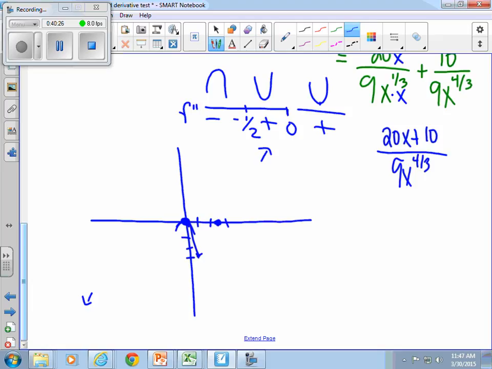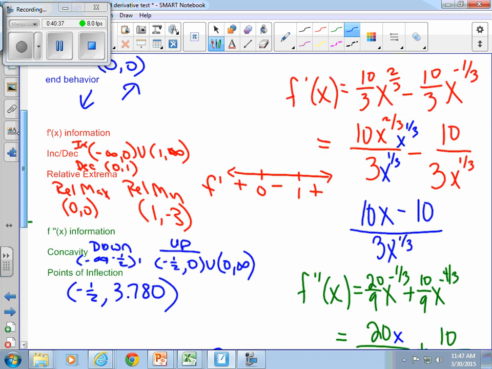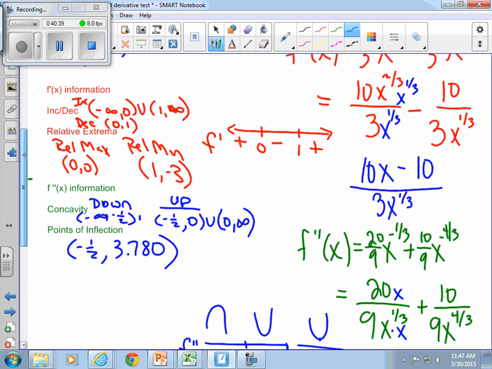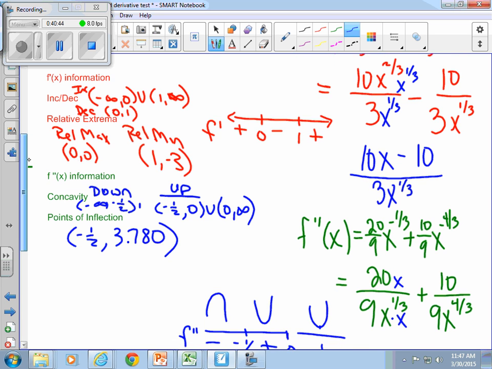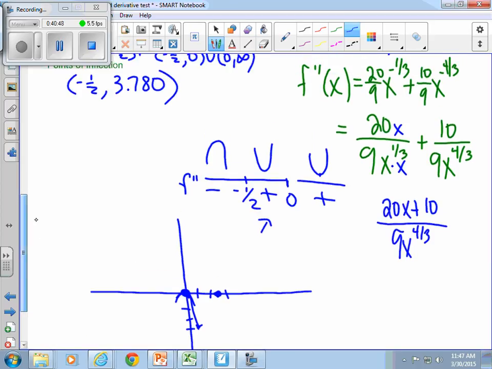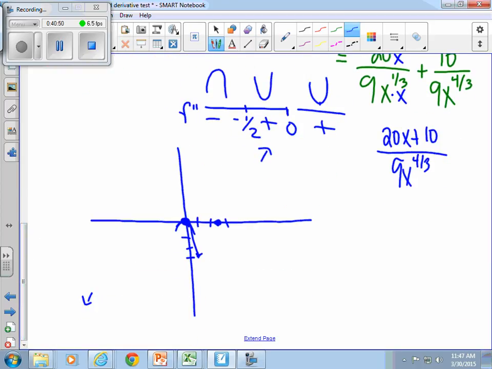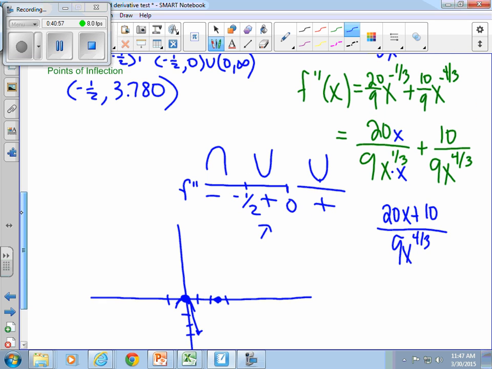That's not what my picture looks like. 0 was a maximum. Is that right? No. Okay, so negative 1/2 and negative 3.7.